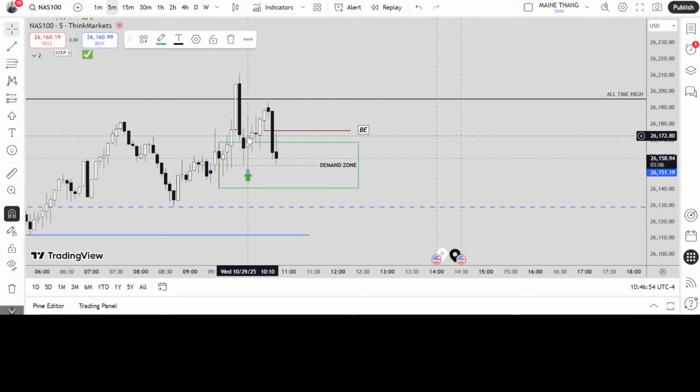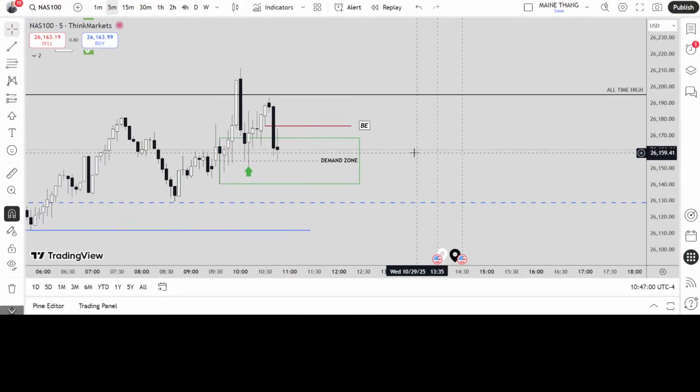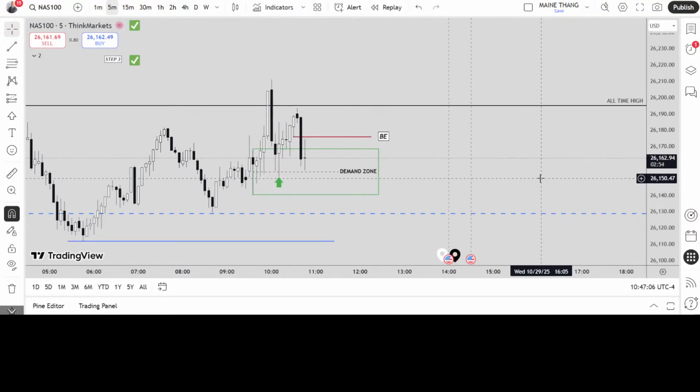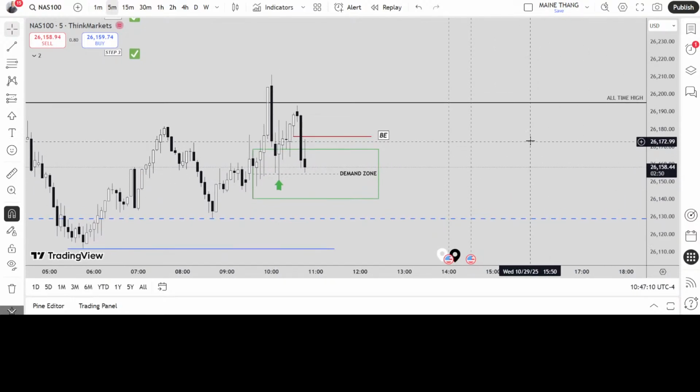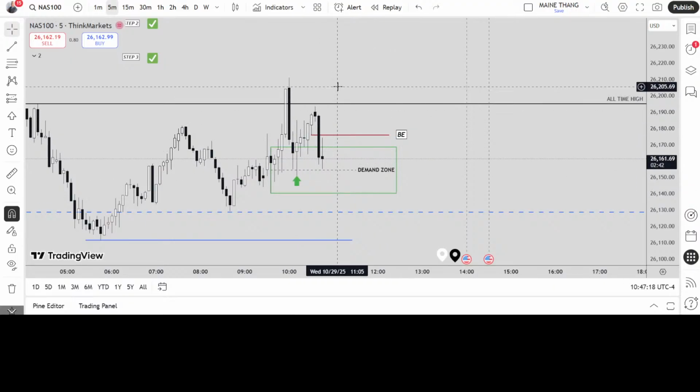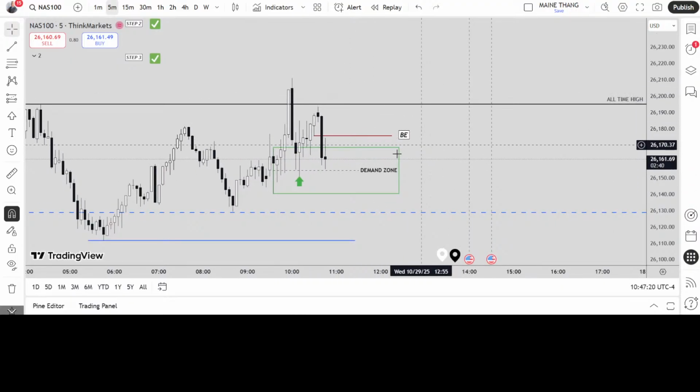Enter on this candle here. Break even. So not mad at that decision. We took an L yesterday, and it didn't give us the volatility that we wanted.